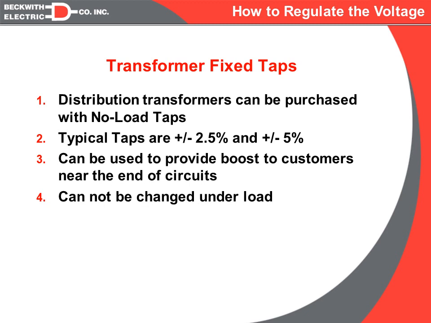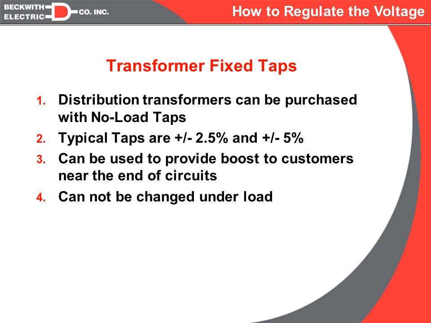Typically either raise 2.5 or 5% or lower 2.5 or 5%. The disadvantages of the fixed tap are, number 1, it cannot be dynamically changed. So this does not help with the load flow during the day as the load increases and decreases. We can't adjust the fixed taps accordingly.